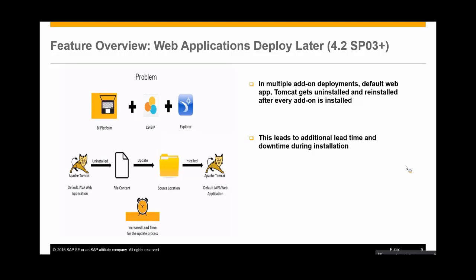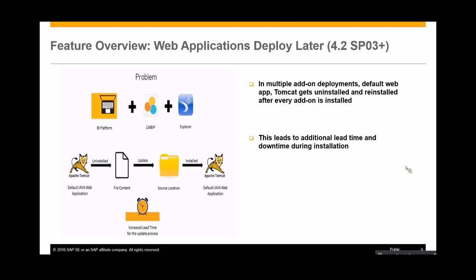I would now come to the next feature, which is the Web Applications Deploy Later feature. In case of multi-package deployments, particularly when there are add-ons involved, we have noticed that there are a few operations that happen automatically.